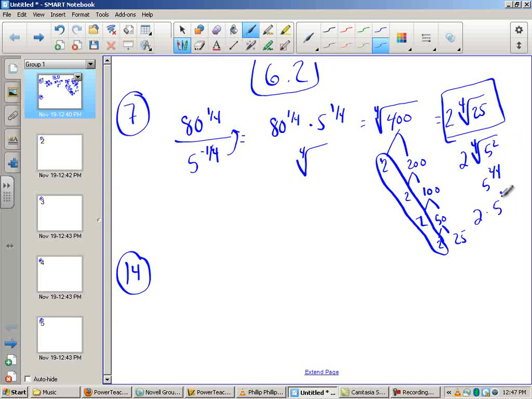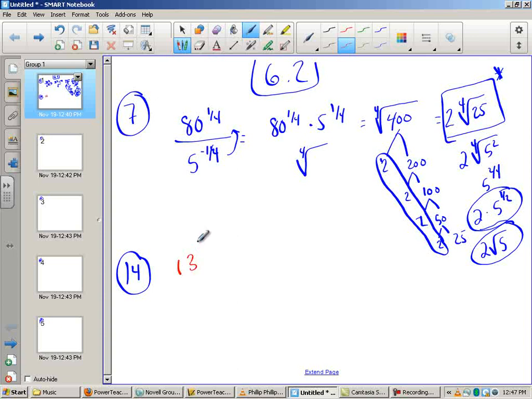So this could be 2 times 5 to the 1/2, which is what the book has, or 2 times the square root of 5. Either one of these is also acceptable. They'd probably be more preferred as far as the text is concerned, but I'm certainly happy with that version as well. So we move on and look at number 14.